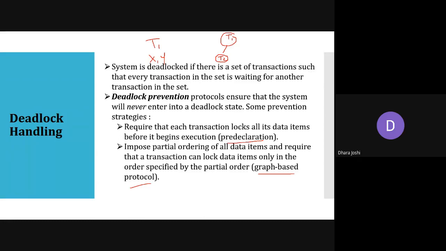So T1 has first priority to get data items X and Y, and after that T2 will have priority to acquire a lock on data items X and Y. So we follow the graph-based protocol, and according to the graph, whoever has the highest precedence gets the data item access, and we have partial ordering. We do not have a perfect ordering, but partially we can solve this issue by using the proper sequence.